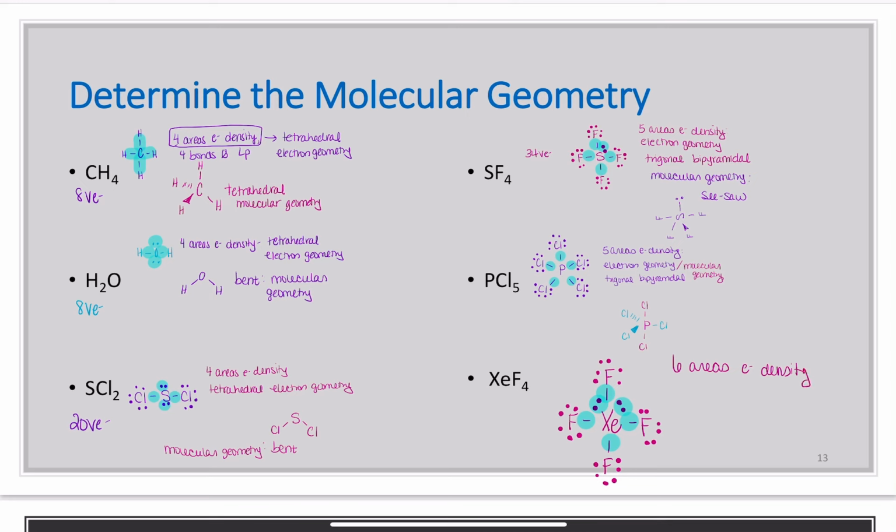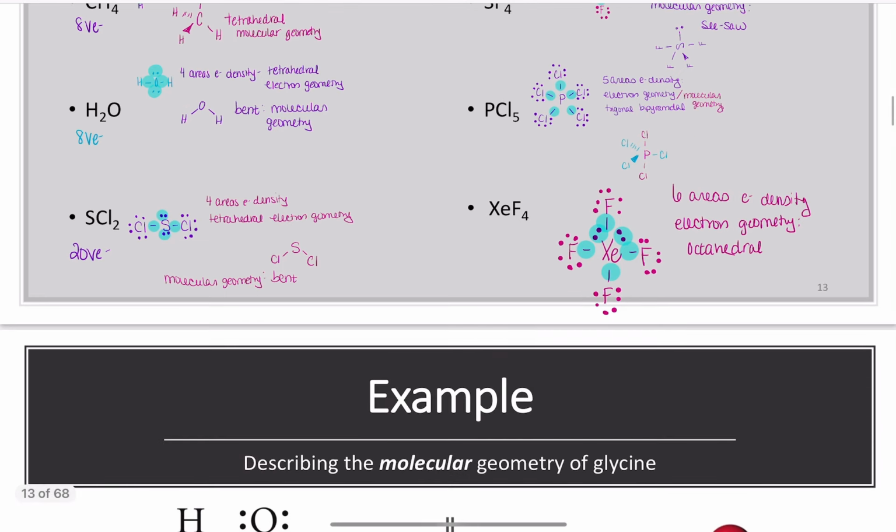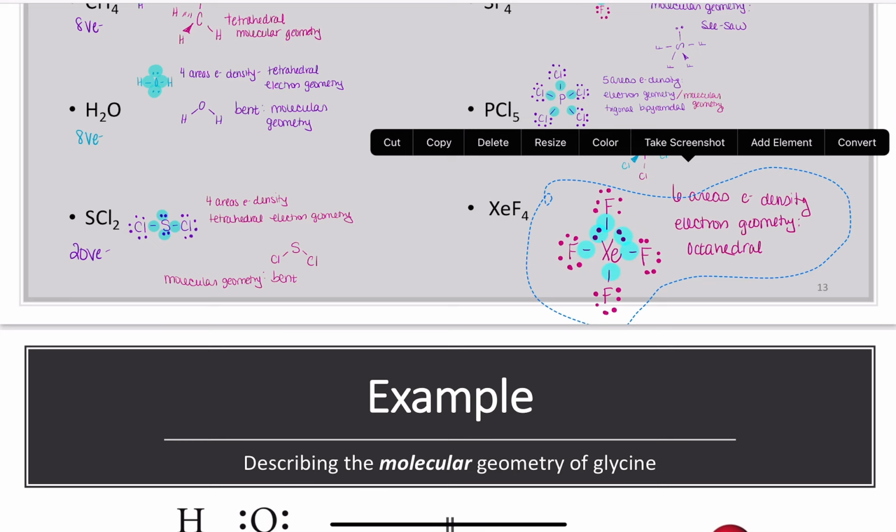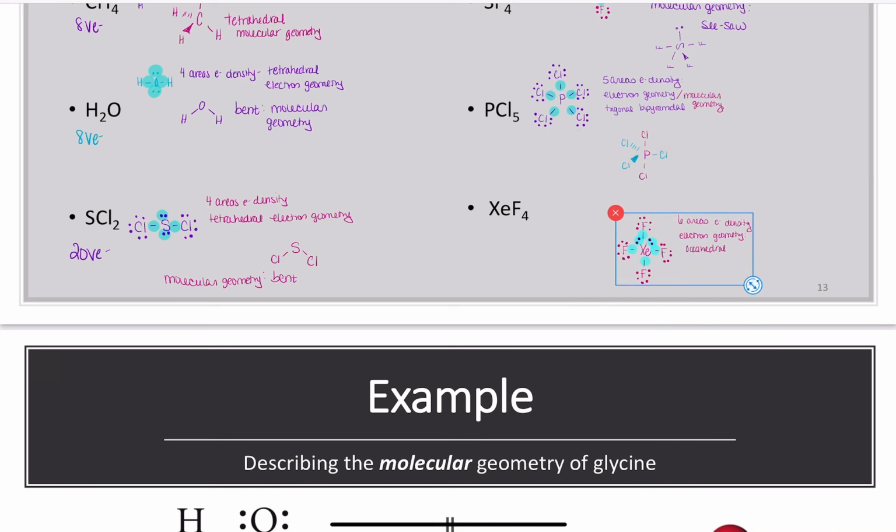My electron geometry is called octahedral. I'm trying to write too low on my screen. I'm going to move this up a little bit just so I can write, and I'm going to shrink this because I'm already running out of space.